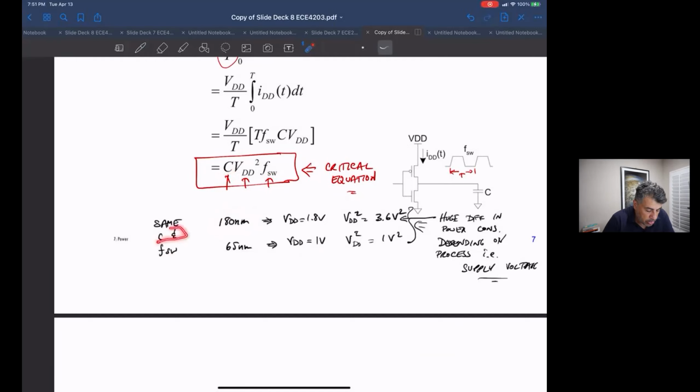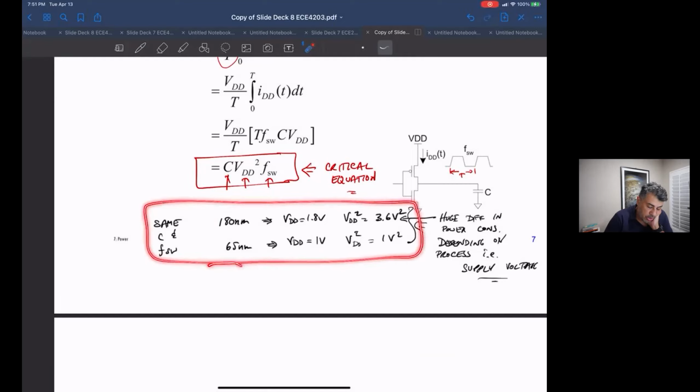So they're probably also going to be driving higher total capacitance across your whole chip. But the biggest difference in power consumption, and it's a huge one, is the supply voltage. The supply voltage is not changing that much, but because of the square law, your power changes quite a bit. So that's a very, very important thing.